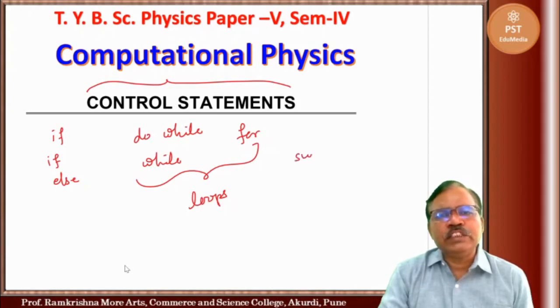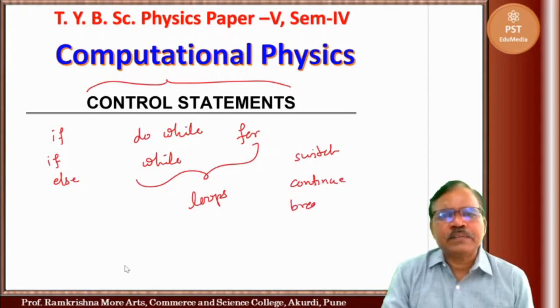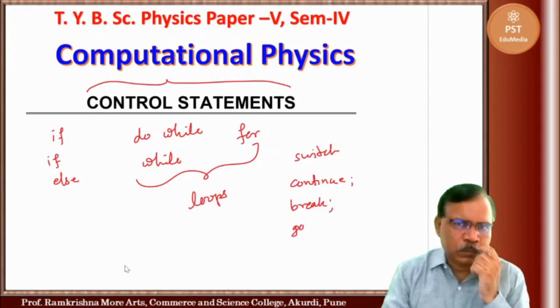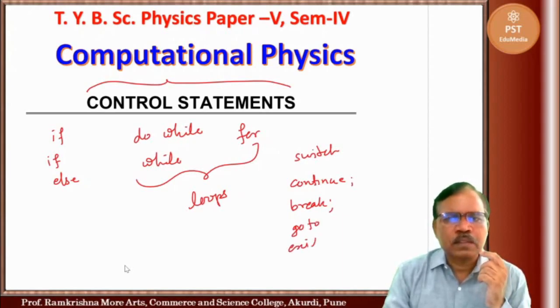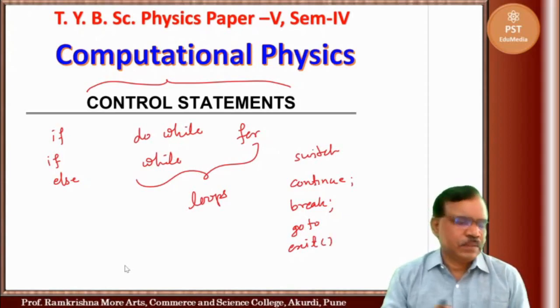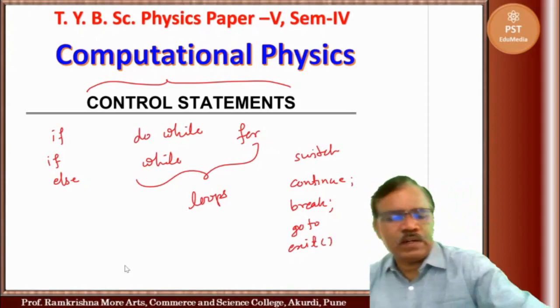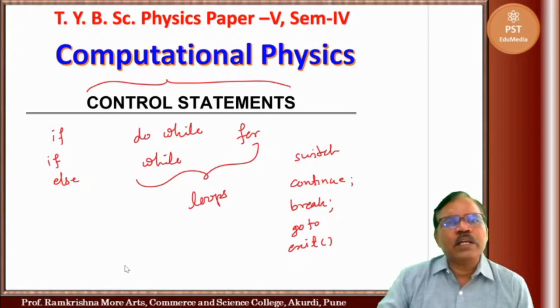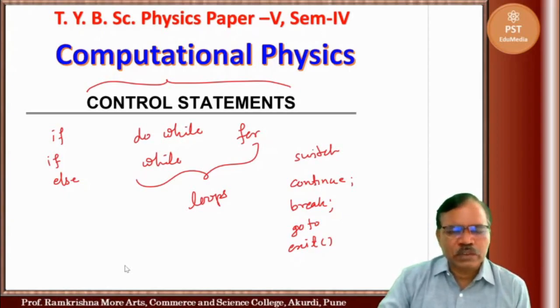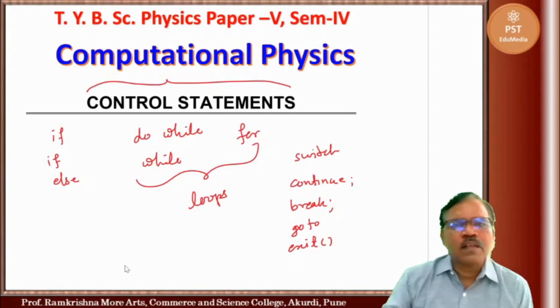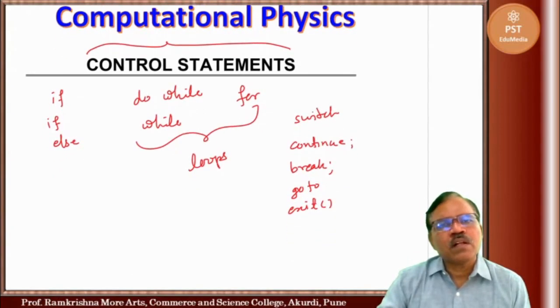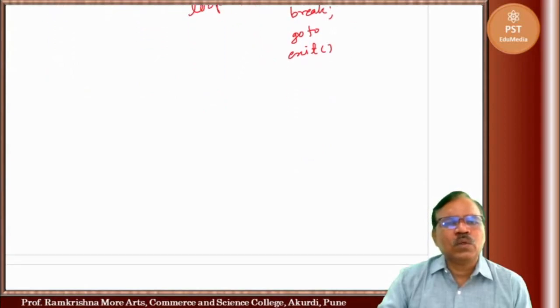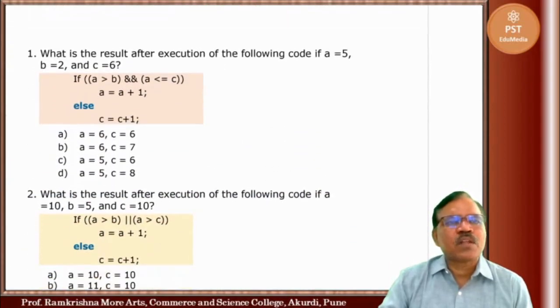Then switch, continue, break, then goto, exit, like this. These are some control statements we have already studied. Now we are going to see some multiple choice questions on this. So let us go to multiple choice questions.